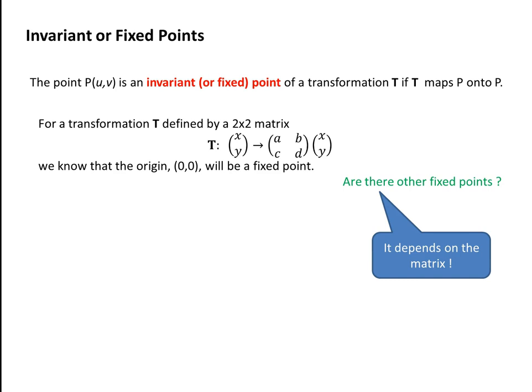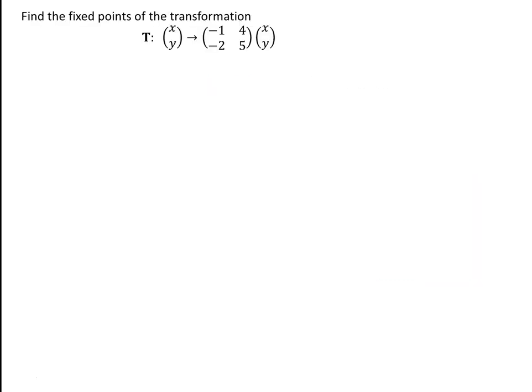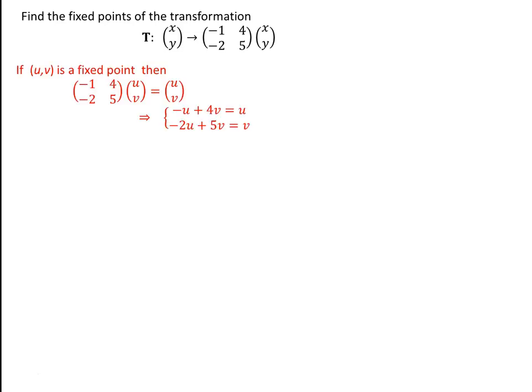So let's see in an example now whether we can find the fixed points of the transformation (x, y) goes to (-1, 4; -2, 5) times (x, y). So we're going to suppose that (u, v) is a fixed point. If (u, v) is a fixed point, then that means that (-1, 4; -2, 5) times (u, v) must give me (u, v).